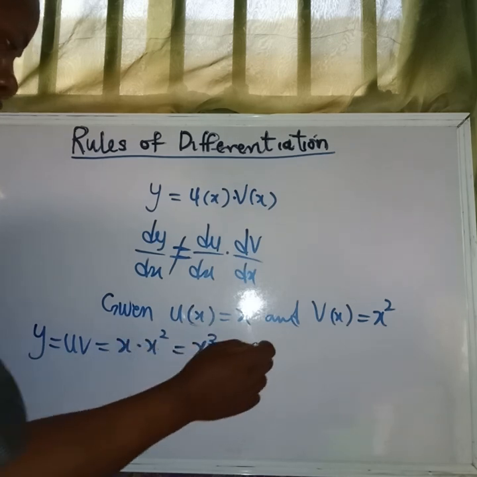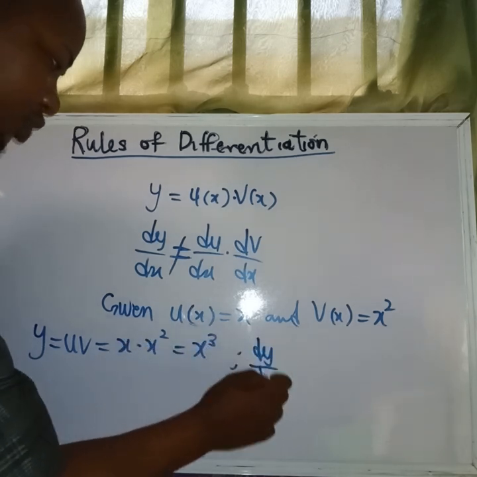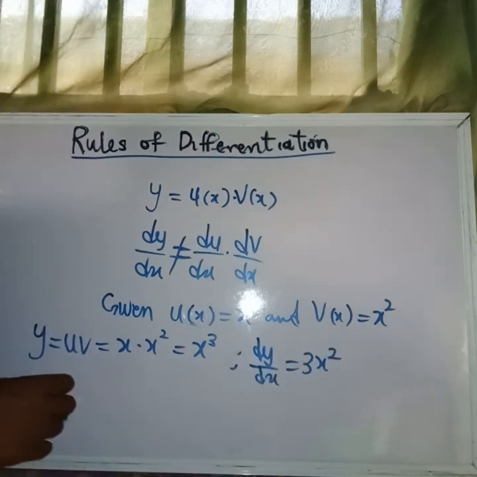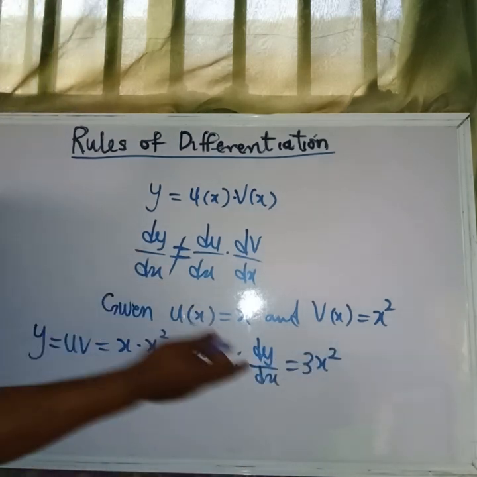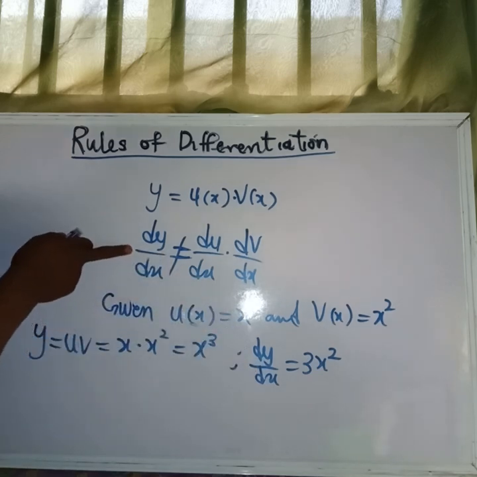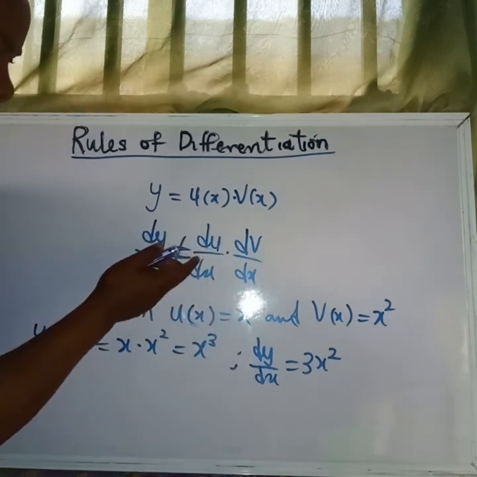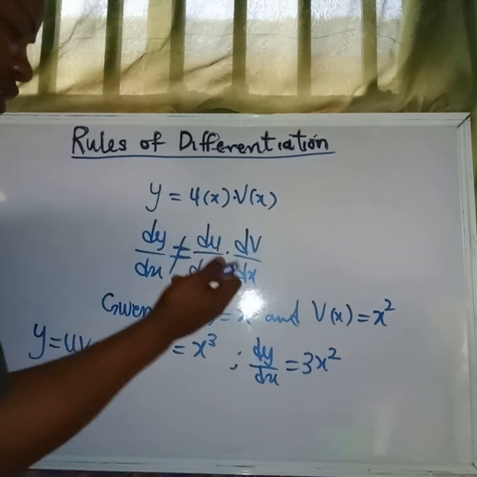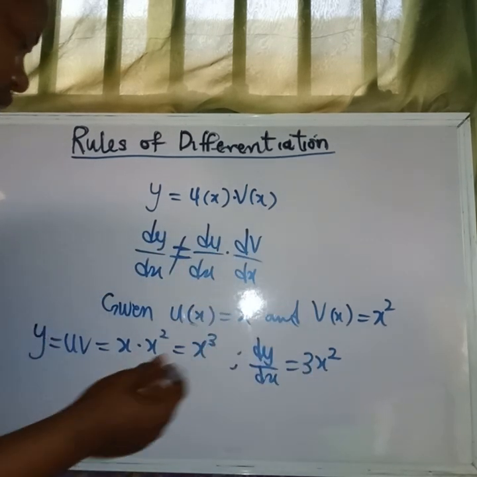From here, if we differentiate y with respect to x, this becomes 3x squared. So that is the derivative of the product. Let's see whether the derivative of u with respect to x multiplied by the derivative of v with respect to x will also give us a similar answer.